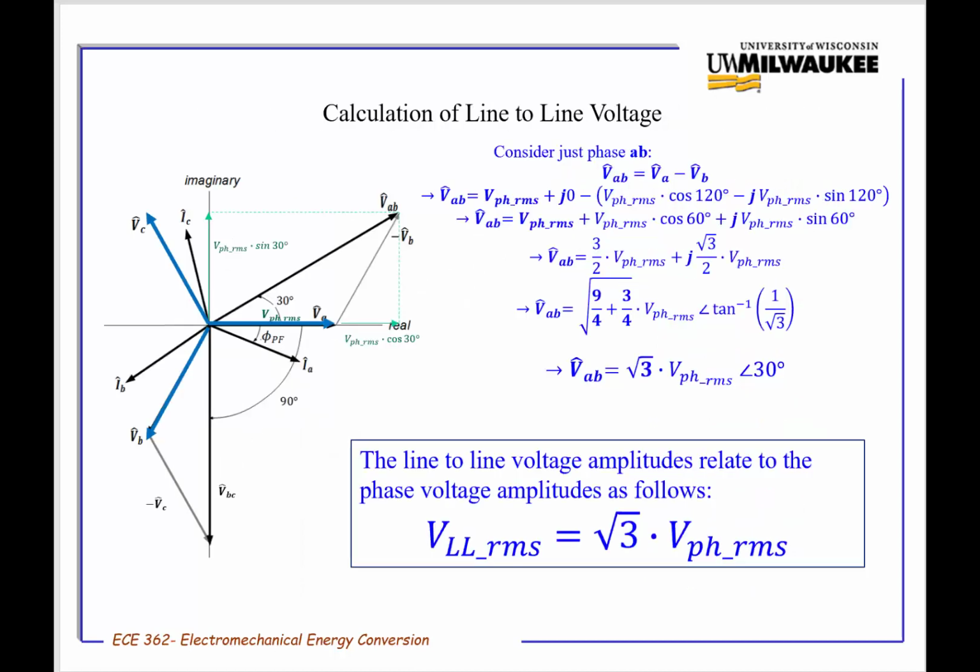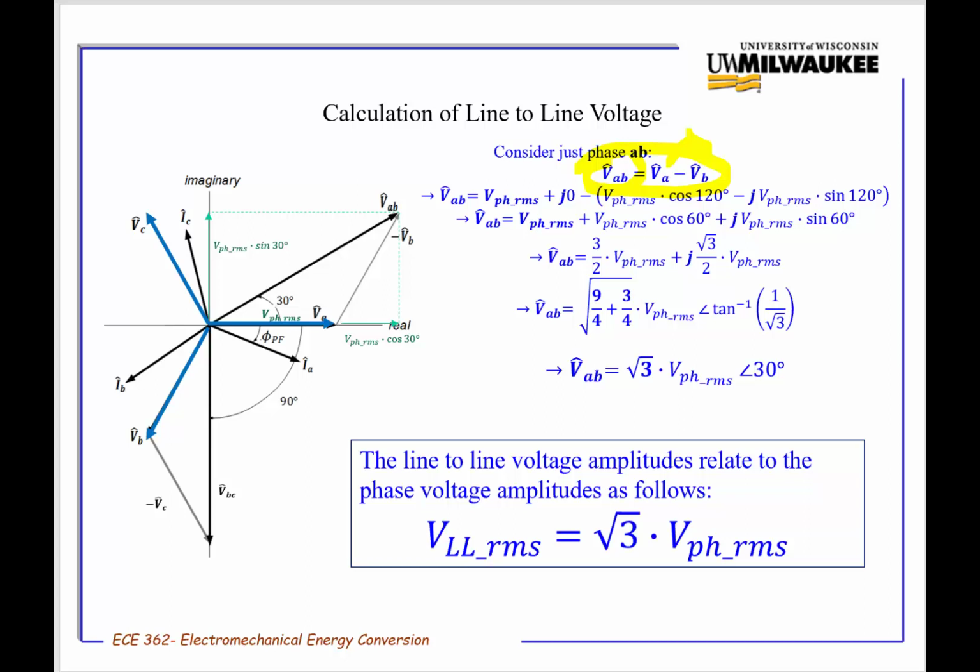The line-to-line voltage is the difference between the line to neutral voltage, which is the phasor shown as VA, and the phasor VB. So the two line to neutral voltages of A and B phases, the difference between them is the line to line phasor voltage.